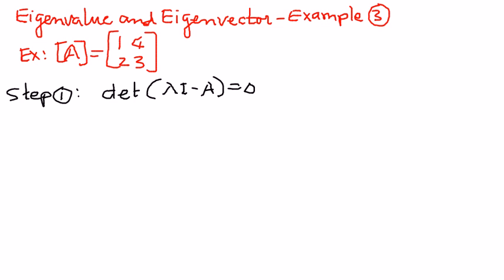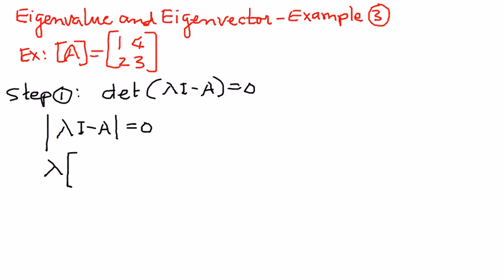And the way to do that is as follows. The determinant of lambda I minus A is equal to 0. Lambda is the eigenvalue and I is the identity matrix.